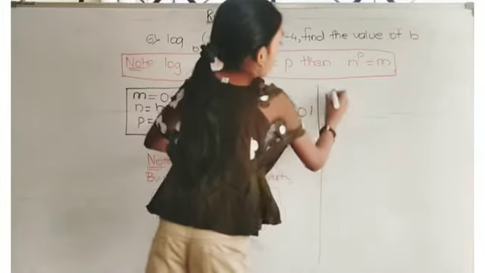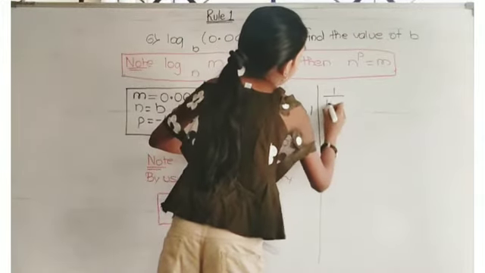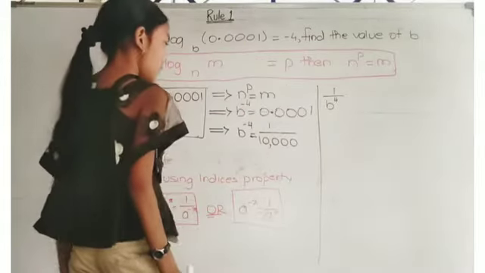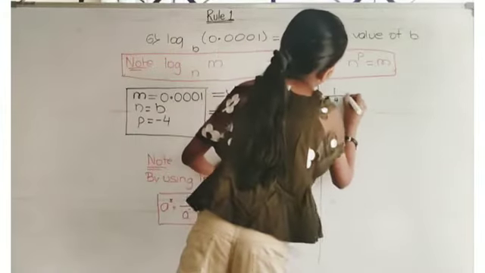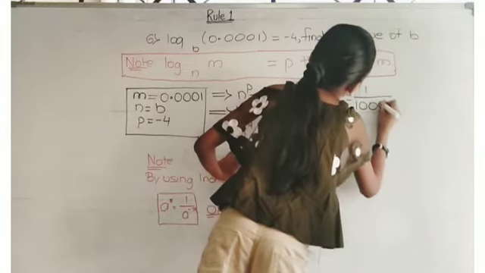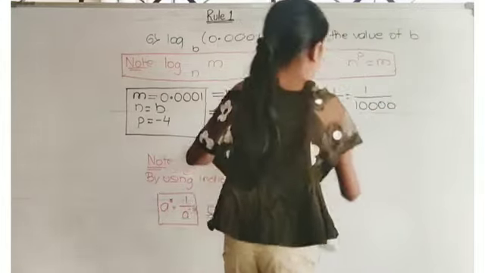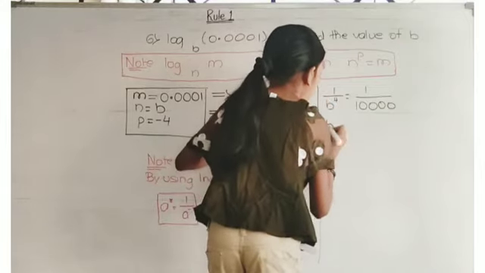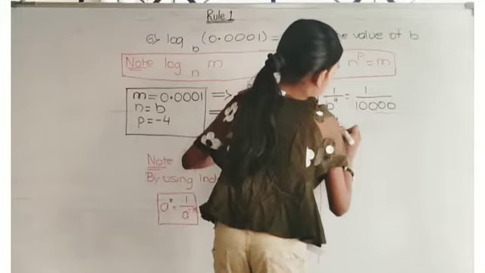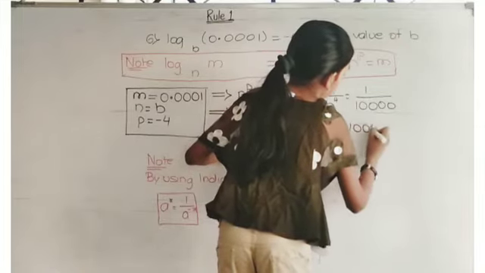So here 1 upon b raised to 4, and this 1 upon 10,000 will be cross multiplied. So it will become b raised to 4 is equal to 10,000.